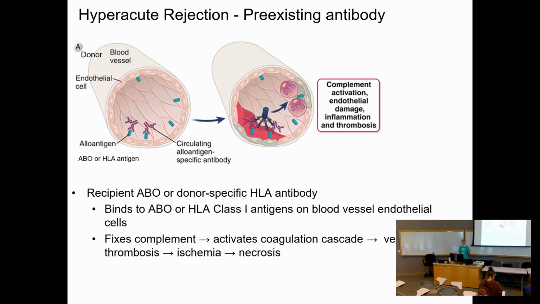So we try to match red blood cells, but it also turns out that you have both ABO antigens and HLA antigens on the endothelium.